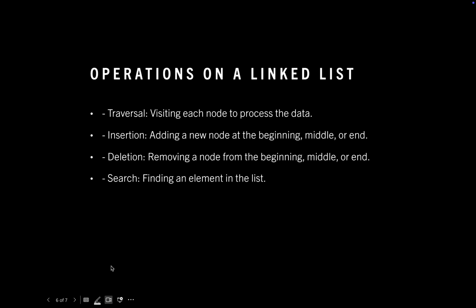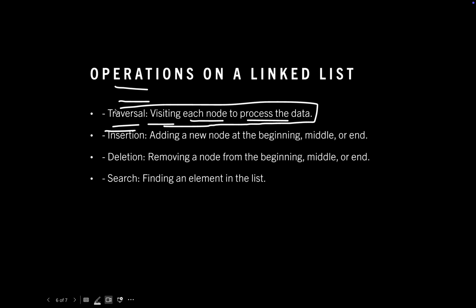So let's go through all of those. First, traversal. You can traverse a linked list, which means visiting each node and processing its data. Then insertion. You can add a node at the beginning, in between nodes, or at the end.